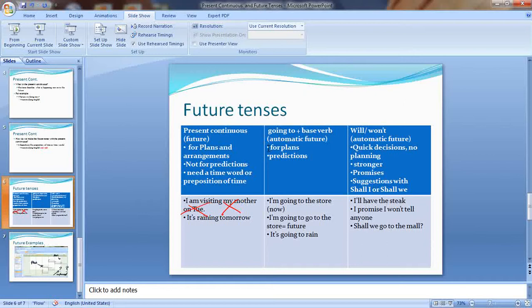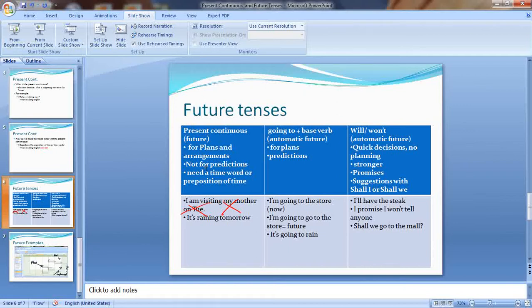Now, with going to, I can say that as well. I'm going to go to my doctor's appointment. Now, notice that I don't need a preposition of time with going to. It's automatic future. Present continuous, I need to say on Friday or some other time word.